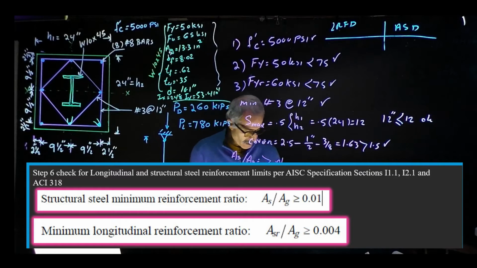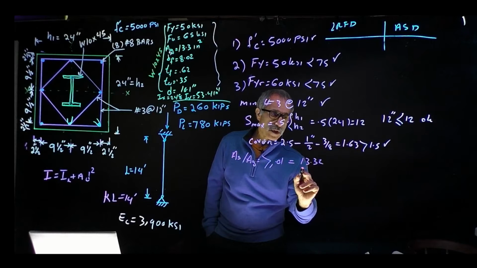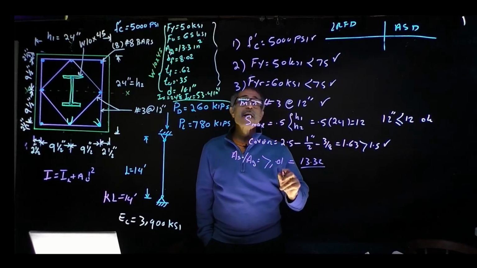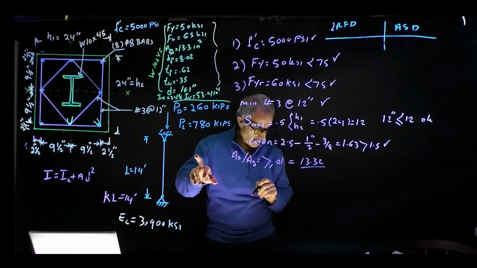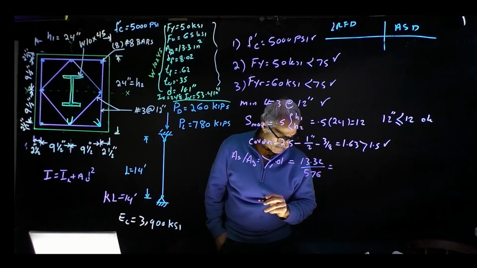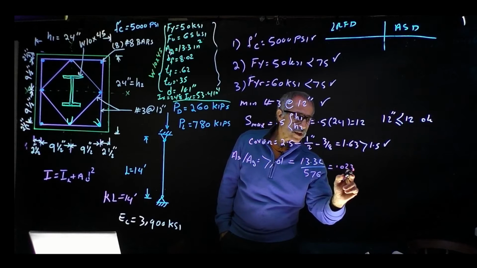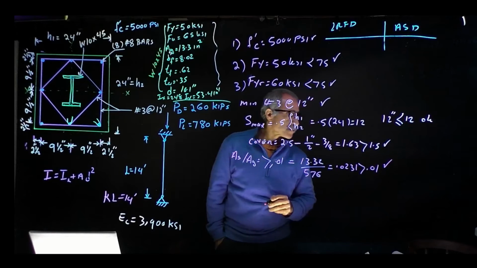In our case, it's going to be 13.32 divided by the total area, which I erased, it was on the board. The total area came out to 576, and that is equal to 0.0231, which is bigger than 0.01. We check out.